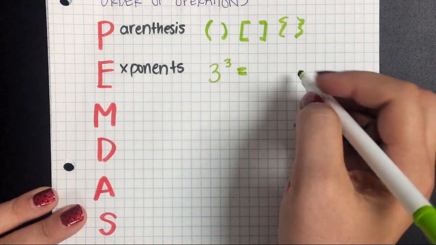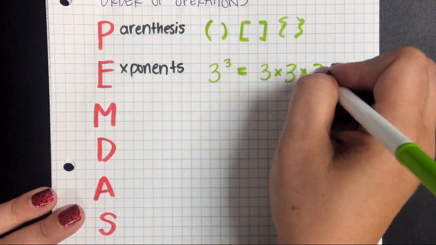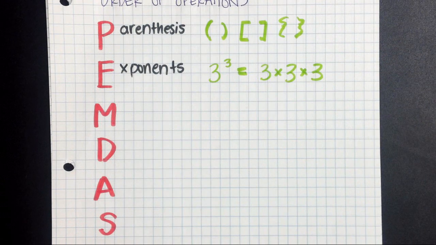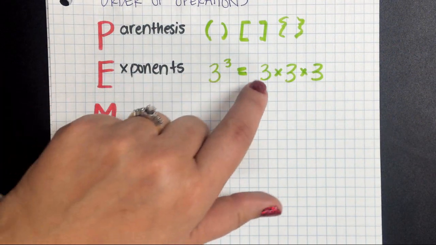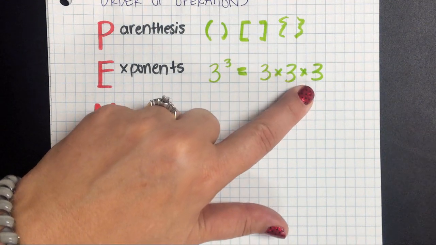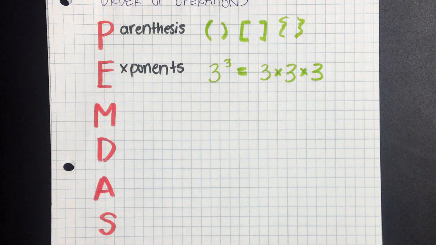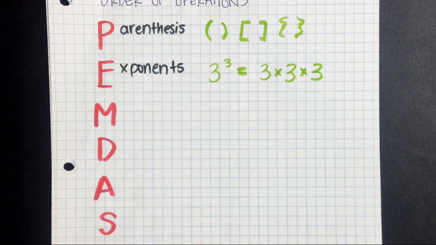So 3 to the third power would equal 3 times 3 times 3. Instead of us thinking it just means 3 times 3, which is 9, 3 to the third power would mean 3 times 3 times 3, which would be 27. 27, absolutely.